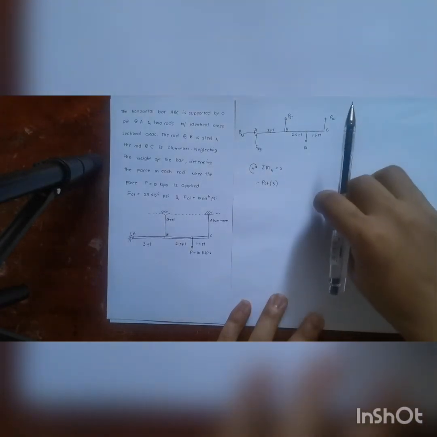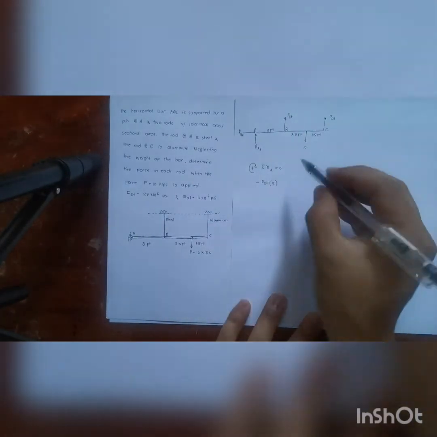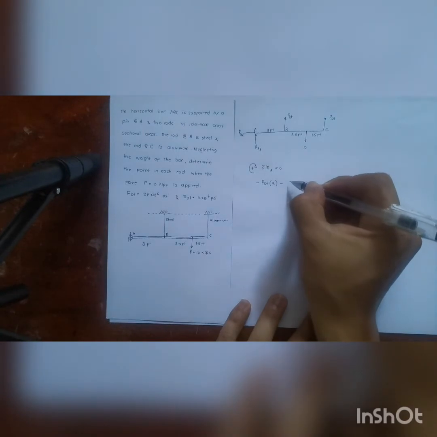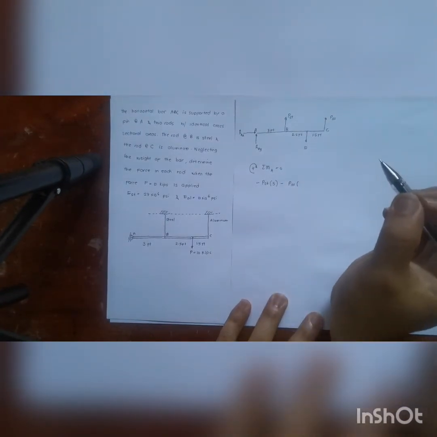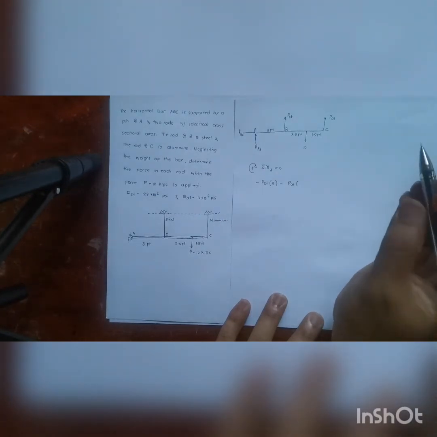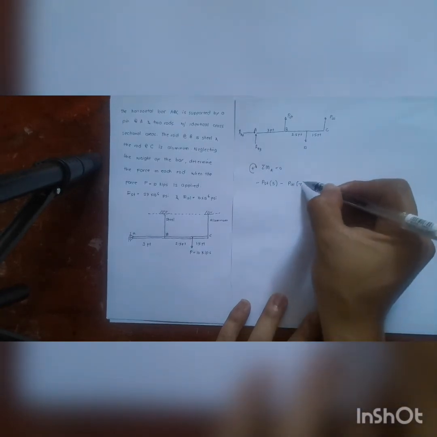The PAL, going to point A, is counterclockwise also, minus PAL with a perpendicular distance of a total of 7 feet.